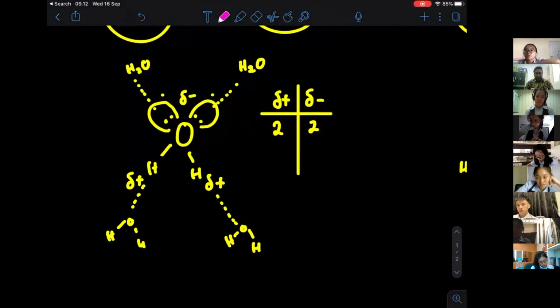If you look at one molecule, you have to divide by 2. Why? Because if you just focus on lone pair to hydrogen, you have lone pair to hydrogen, lone pair to hydrogen, and here is going to be hydrogen to another lone pair of oxygen. We don't consider both.